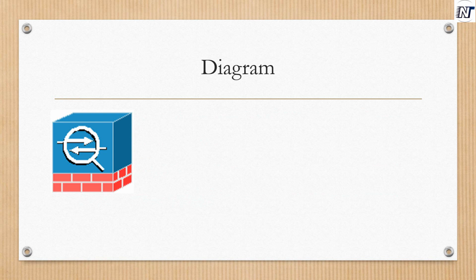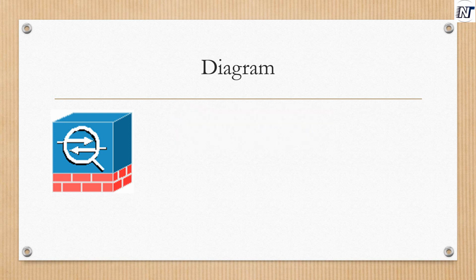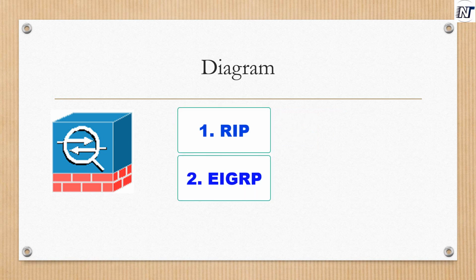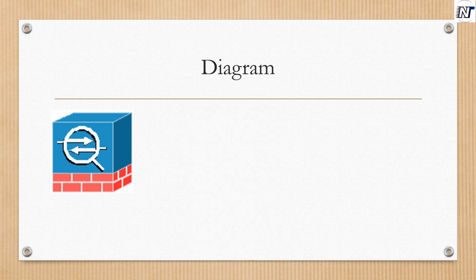By default, all ASA act as a completely layer 3 device, and nowadays it has the ability to run RIP, EIGRP, OSPF, and now you can even run BGP on the ASA firewall. Obviously, static route is always there. So it's essentially a layer 3 device, just like a router.